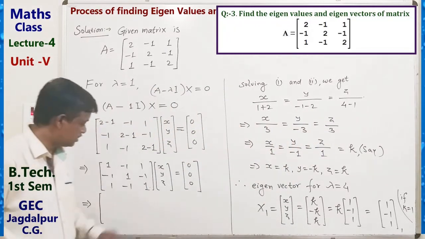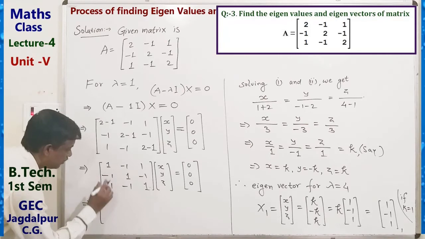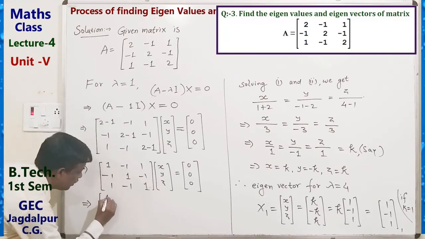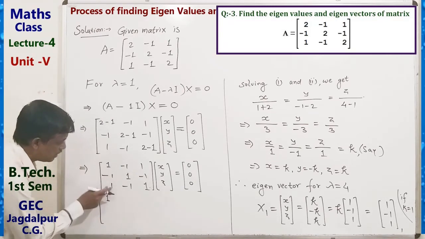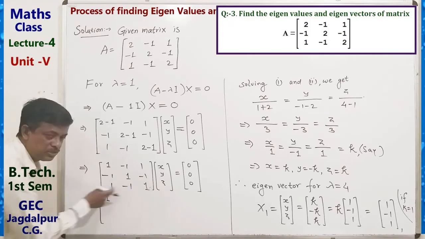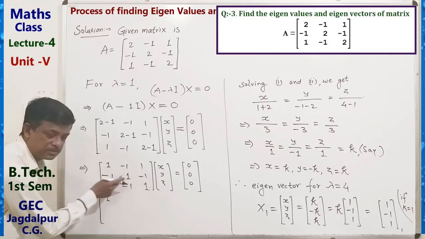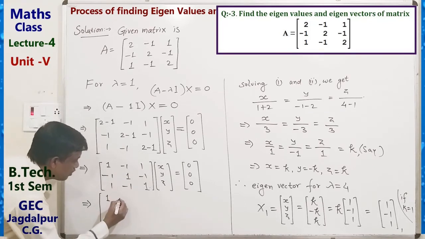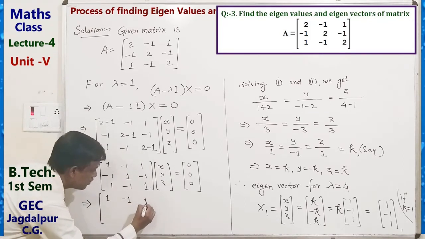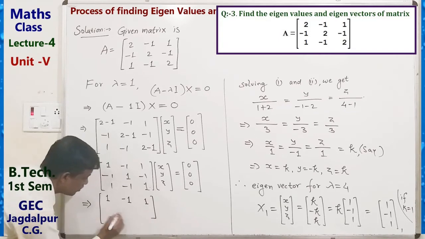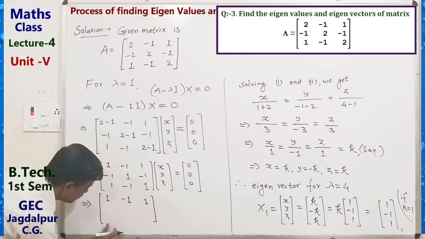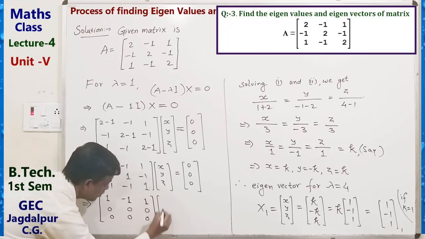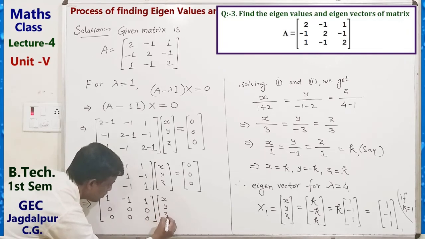Okay, it can be simplified by 1. Here, this is added and this is subtracted, so it becomes 0, 0. This subtracted and added to this gives 0, 0. So we can convert it like this: 0, 0, 0 times x, y, z.